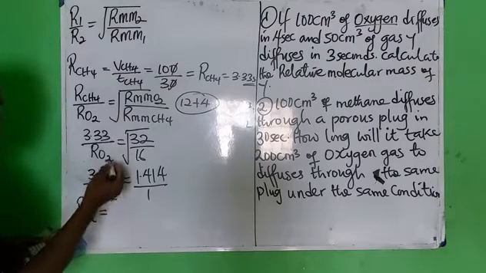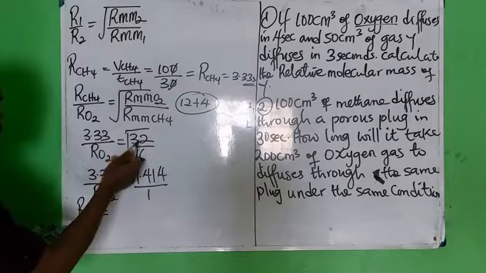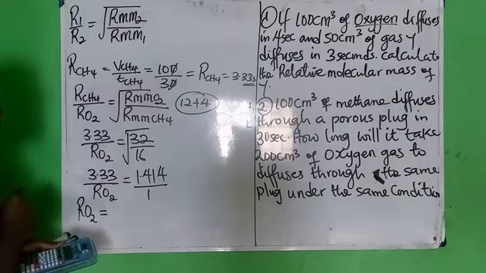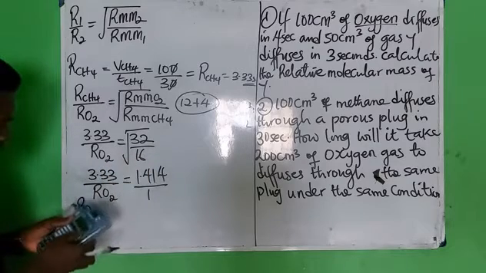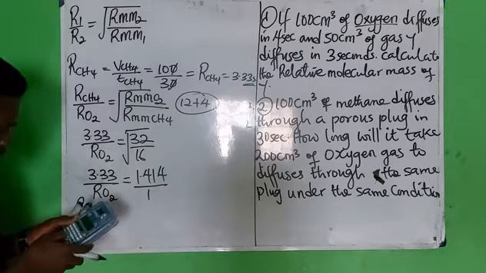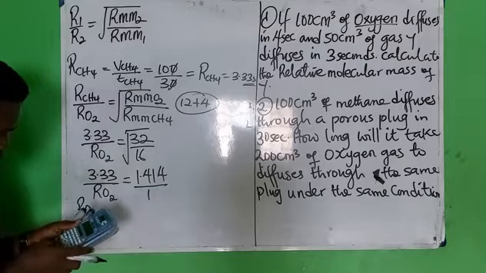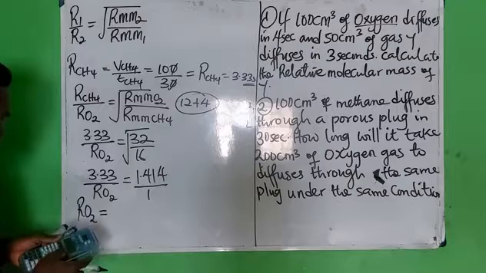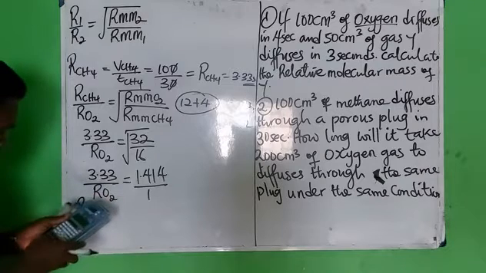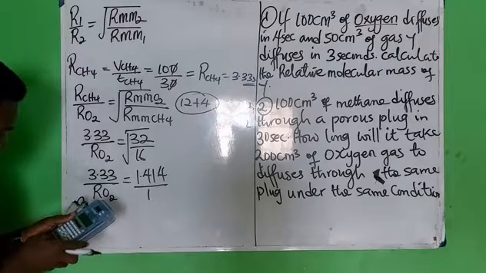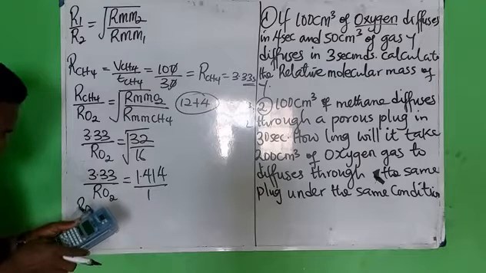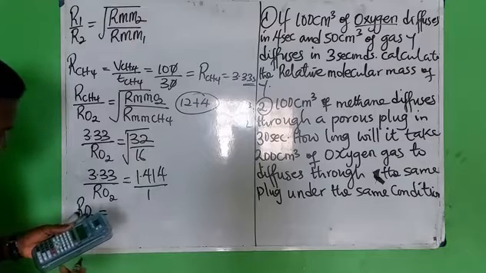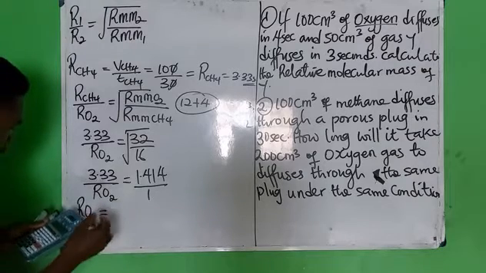Okay, so let me go through it again. You have 32 divided by 16, which is 2, right? Then the square root of 2 equals 1.414, right? Then 3.33 divided by 1.414 equals 2.36 cm cube per second. See, I inputted the wrong parameter before.